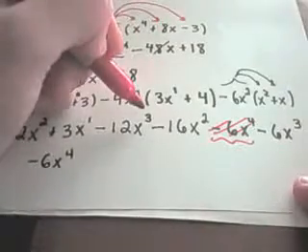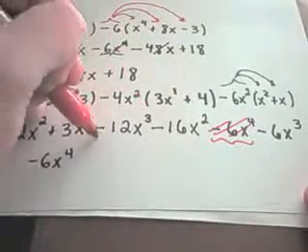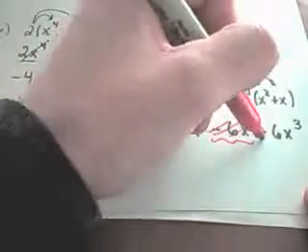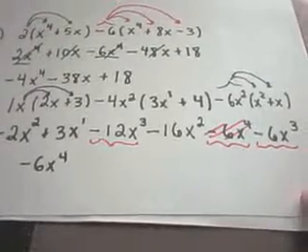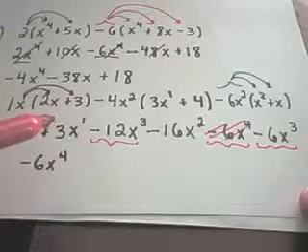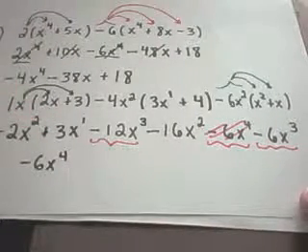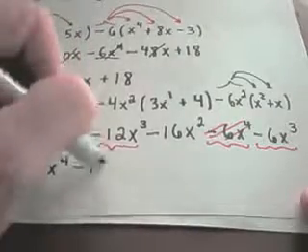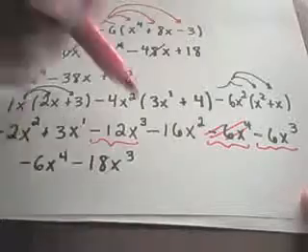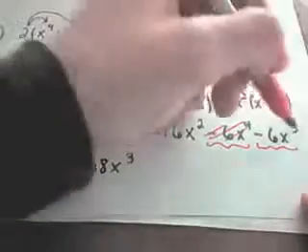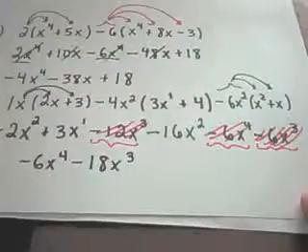And then I'll do my to the powers of 3. So then I see a negative 12x to the 3rd and a negative 6x to the 3rd. Well, again, we combine the numbers out front. So negative 12 minus 6 is going to give us negative 18x to the 3rd. So that'll now take care of this term and this term as well.